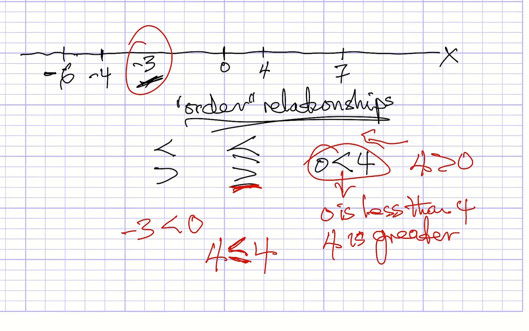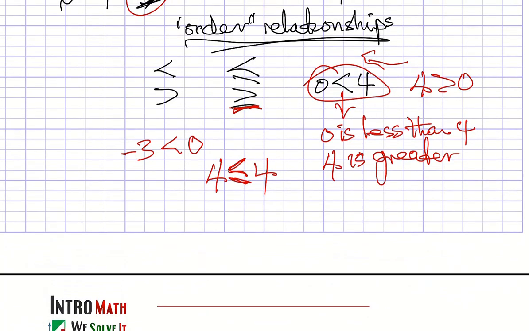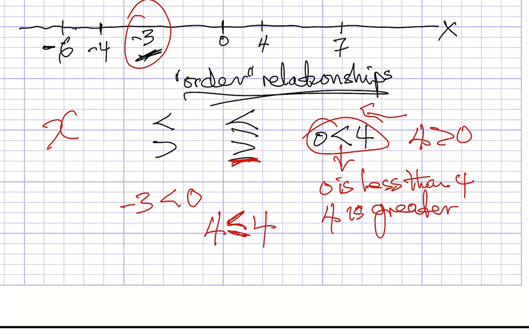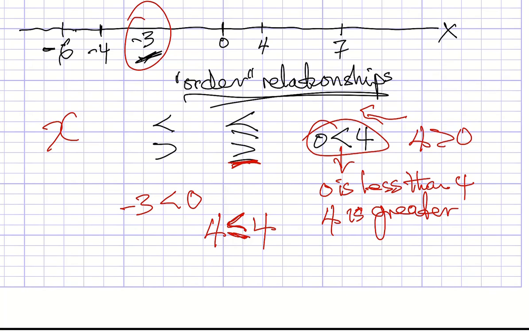The value of a variable may be unknown, right? But you may know that it is greater than or equal to another number. Let's say this is a variable. We don't know the value. It could be 6, it could be 7. So if we say x is less than 4, what we're saying is x is over here, going down this way.